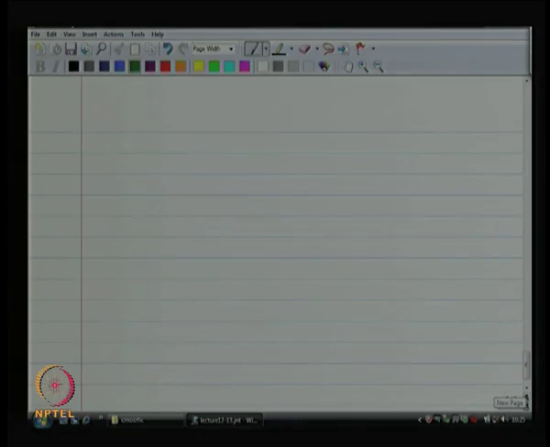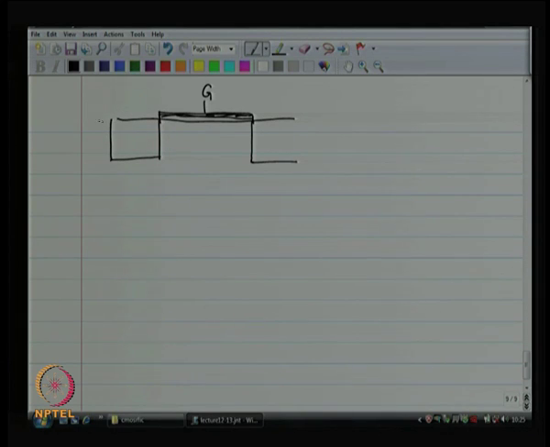Now, to think about the area, an engineering approximation is to think rectangular. This is the gate. Okay. So, make it look like a box.